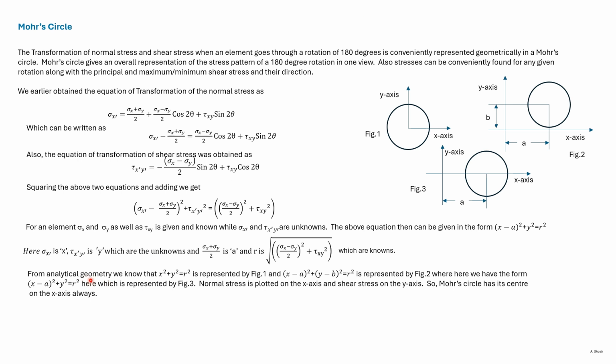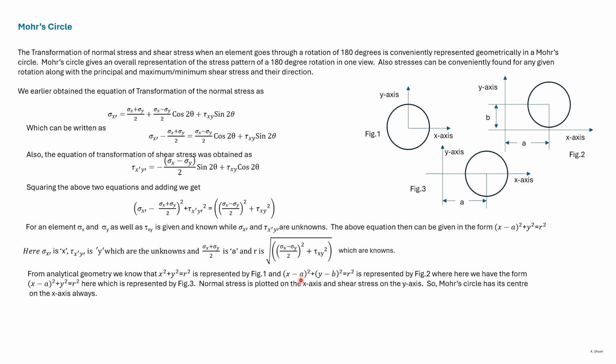From analytical geometry, we know that a circle is represented by x squared plus y squared is equal to r squared. So this is the circle with its center at 0, 0.